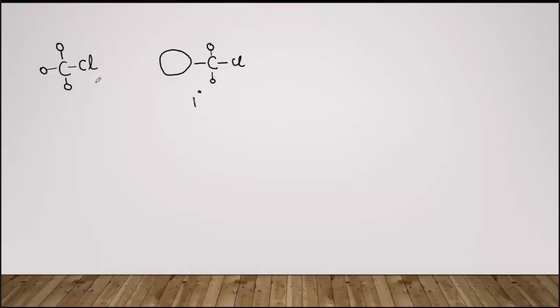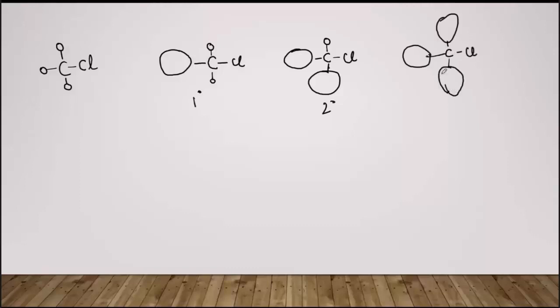I mean, I'm sorry, I said I discussed this as a primary one, but this is the primary one. When you have one hydrogen and two groups, these are two big groups. Okay, this is 2 degree, and similarly for the 3 degree.